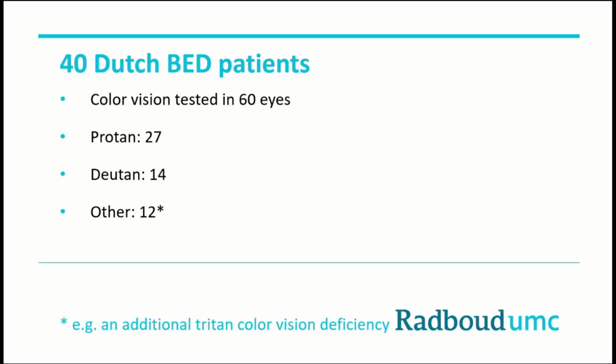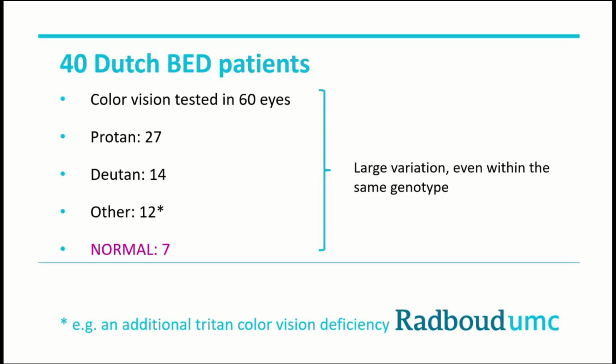When we look at our 40 Dutch patients, we did color vision tests in 60 eyes, and there was a protan defect in 27 cases, a deutan defect in 14, and 12 had some other kind of color vision abnormality, for instance, an additional tritan color vision deficiency. And of interest is that 7 of our cases had normal color vision. So there's large variation, and that appears to be independent of the genotype.